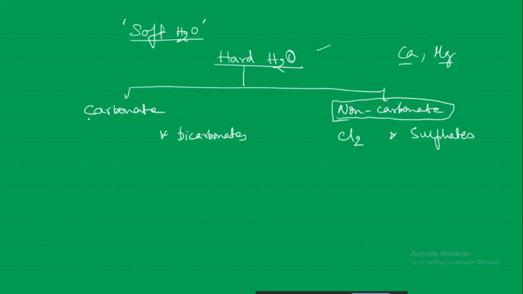So, what is the difference? For example, calcium carbonate, calcium bicarbonate. Can you tell anything about the solubility? Is calcium carbonate soluble in water? No, sir, it is insoluble. Insoluble, correct?